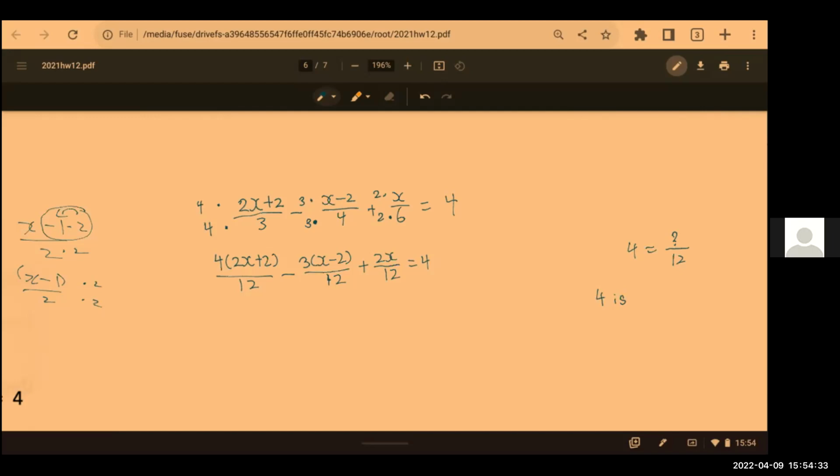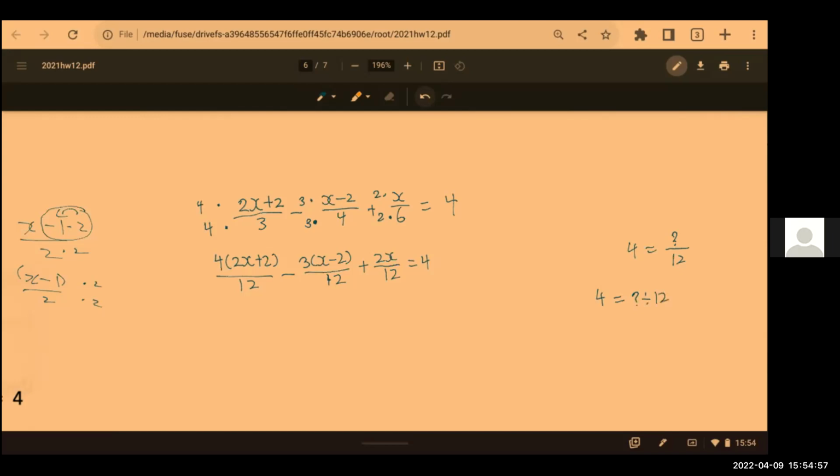Can you write that in mathematics? Question mark divided by 12. So how do you get the question mark?